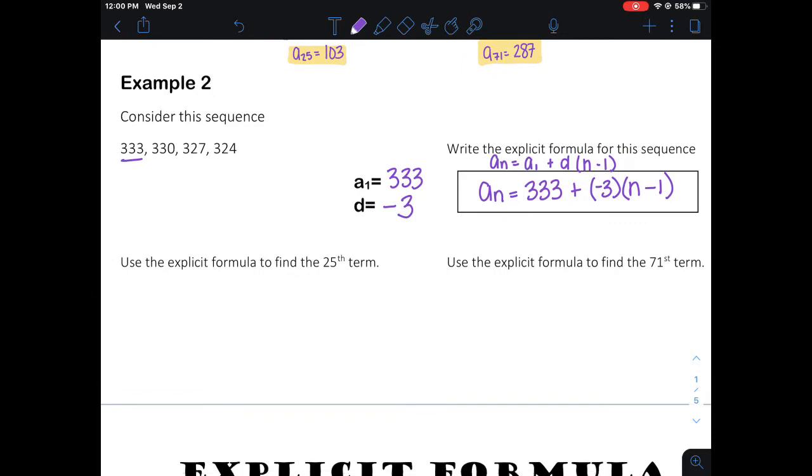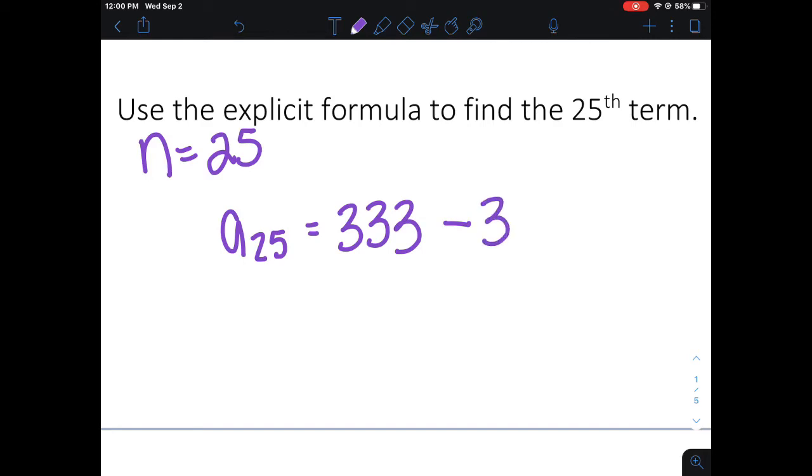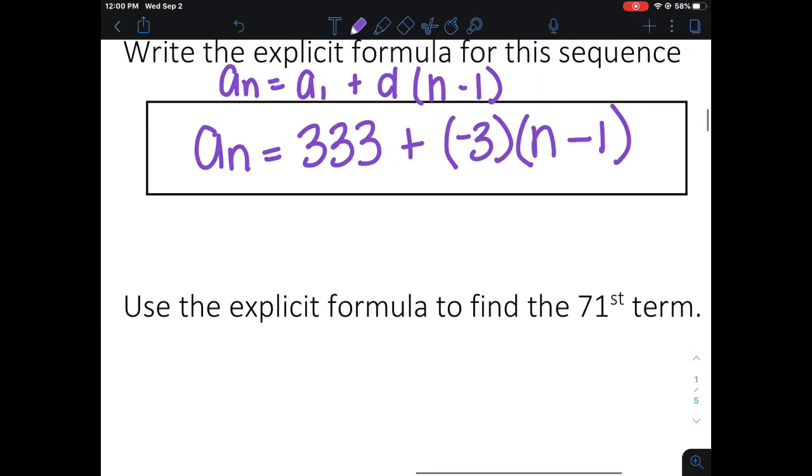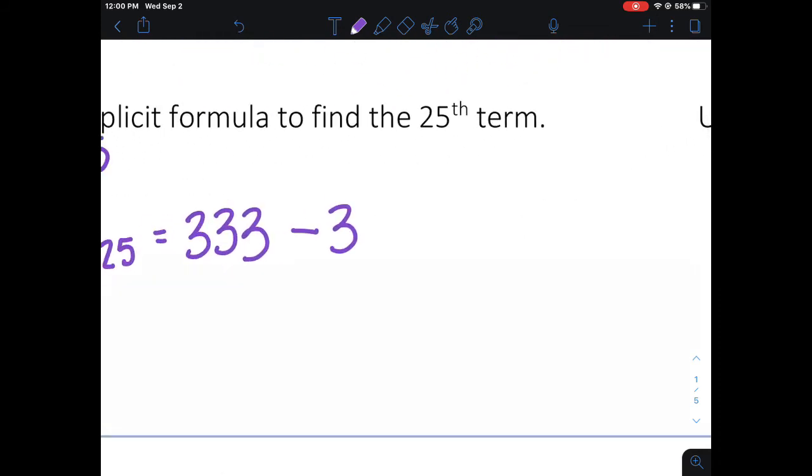Now let's use that explicit formula to find the 25th term. Everywhere we see an n, we plug in 25. So A sub 25 equals 333 minus 3. Notice it was plus -3; plus a negative is the same as minus. That's why I made that jump there.